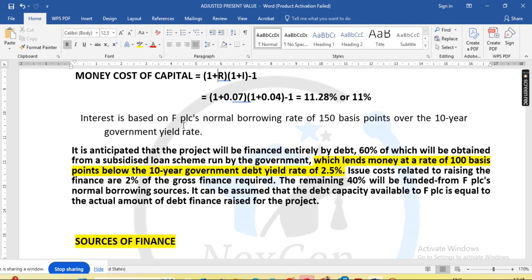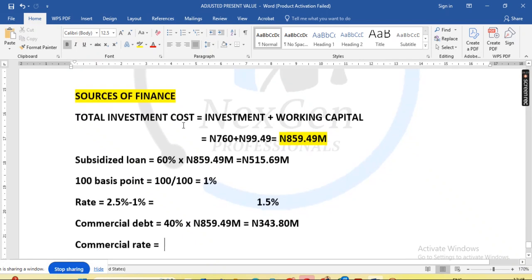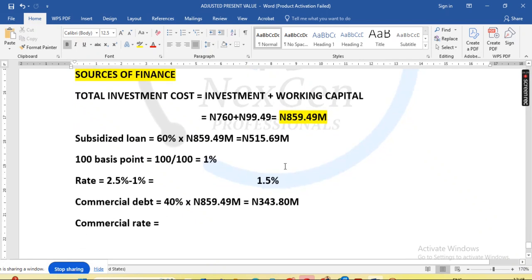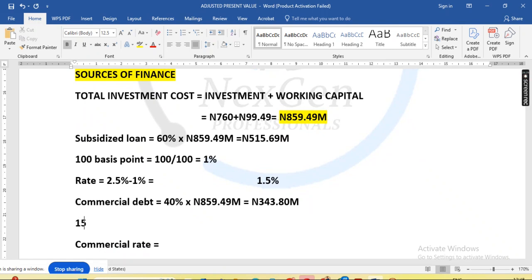Now, we need to convert this 150 basis points. 150 basis points is equal to 150 divided by 100. What do you have? You have 1.5%.